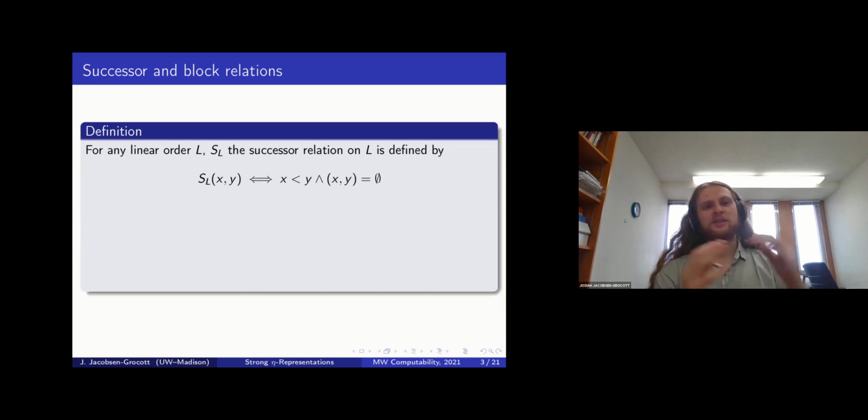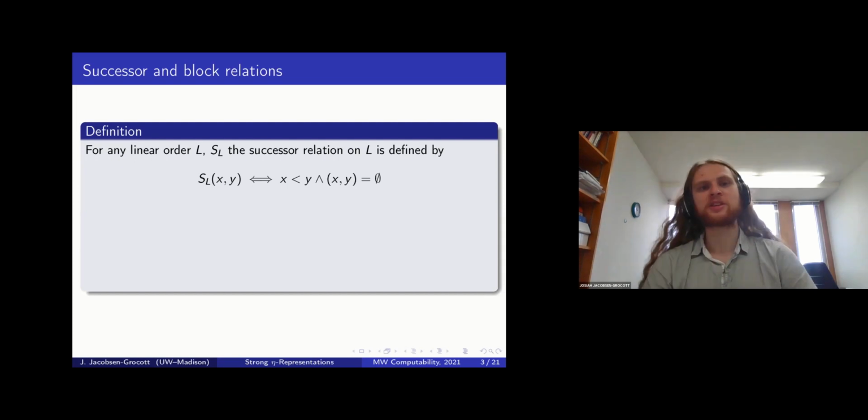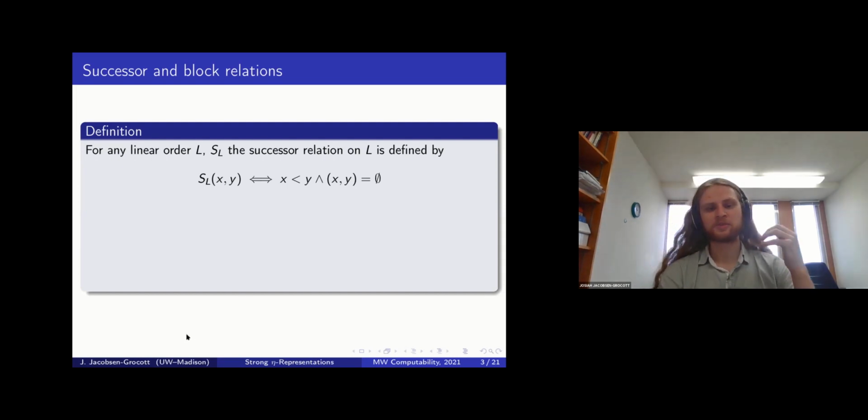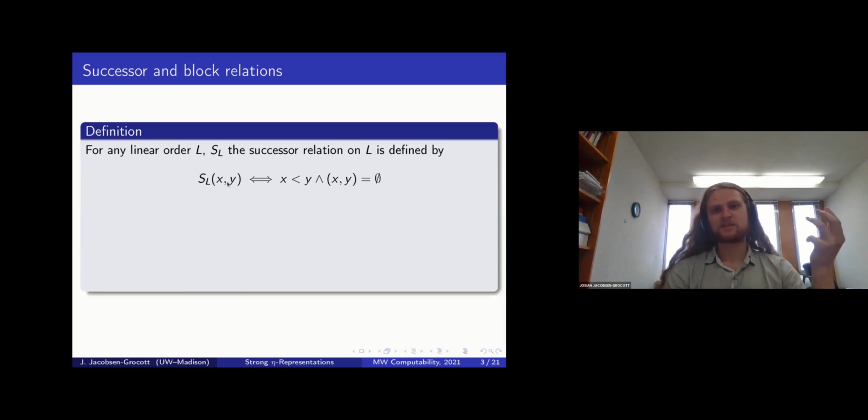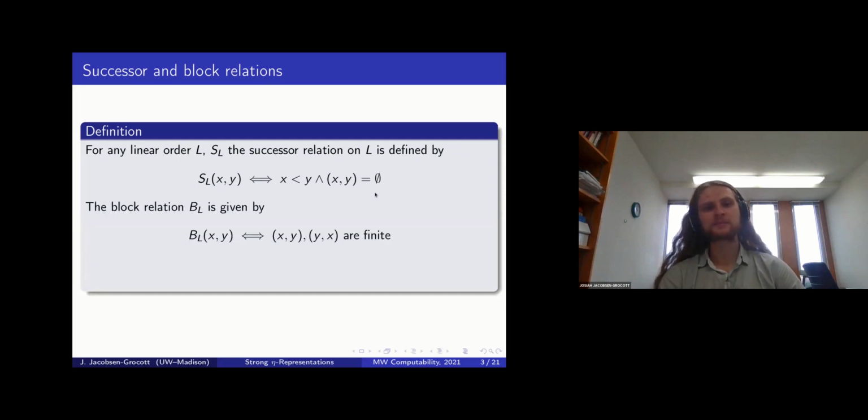Now we'll look at some operations on linear orders, some relations that are quite useful. The successor relation on a linear order L is defined so that x and y are a successivity if x is less than y and the interval between them is empty.